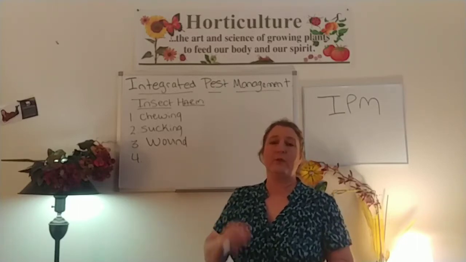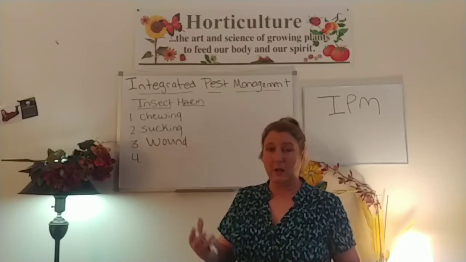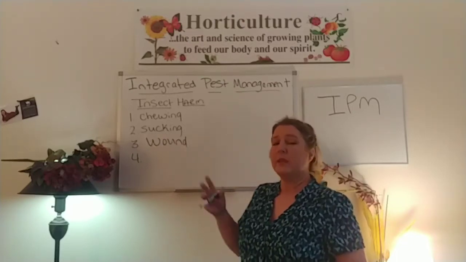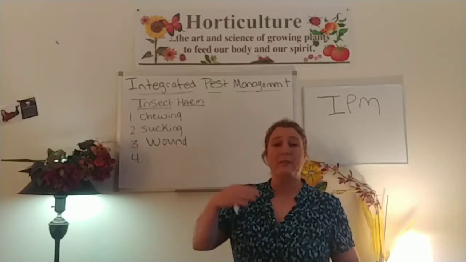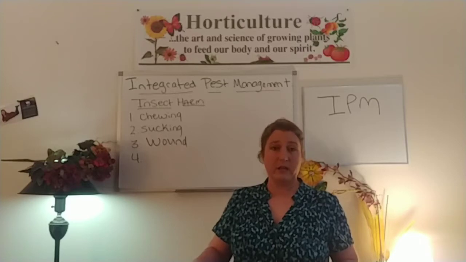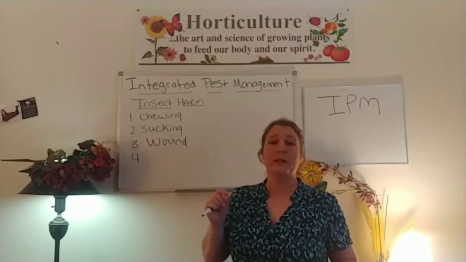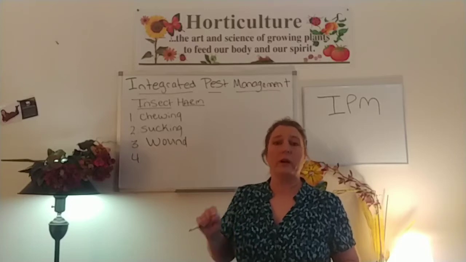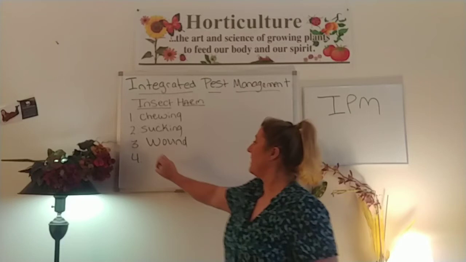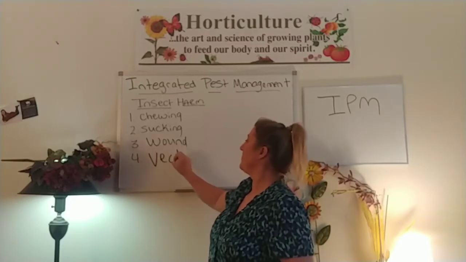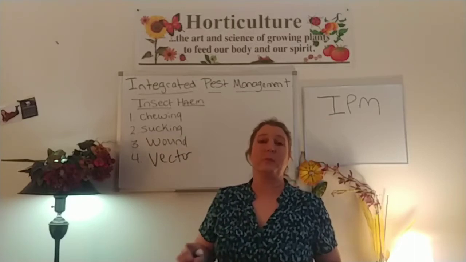Just like in people, if you get a wound, you're going to have an immune response, even if it's on a microscopic scale. The other thing that happens when you have a wound is that you can have an introduction of bad bacteria, an introduction of a virus, things like that. You create an opening for those bad microorganisms. In addition, insects themselves can be a vector of a bad microorganism, meaning they carry it from plant to plant.